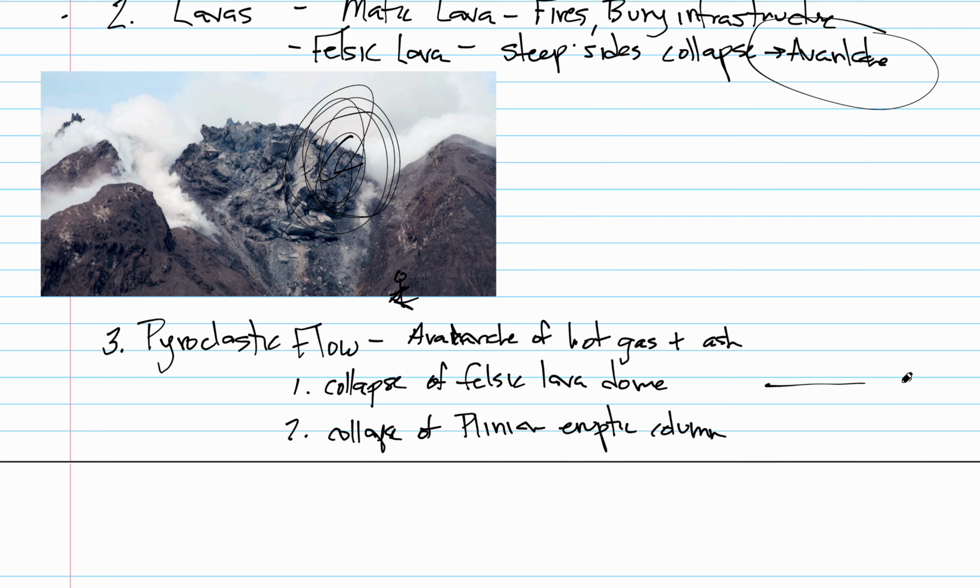So if we have our volcano and it is erupting up, and here's our umbrella region, this part of the material right here could not be able to rise any further and actually will collapse down the side of a volcano into an avalanche that then could travel very far.